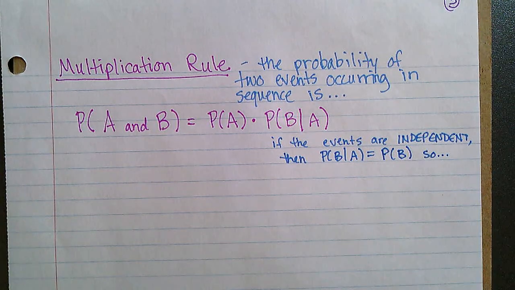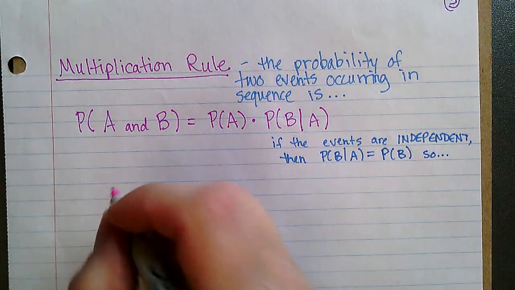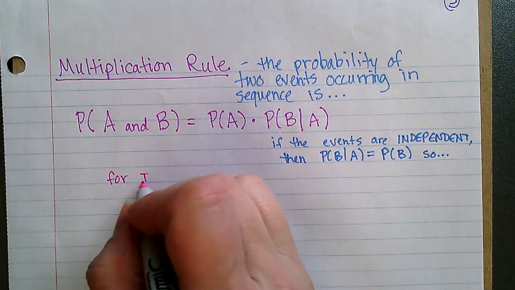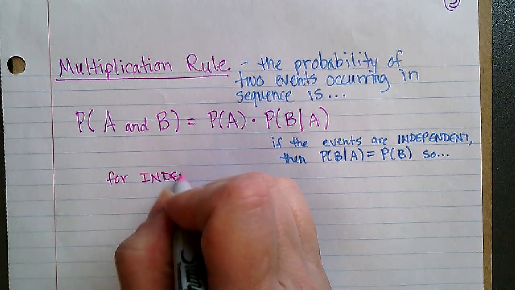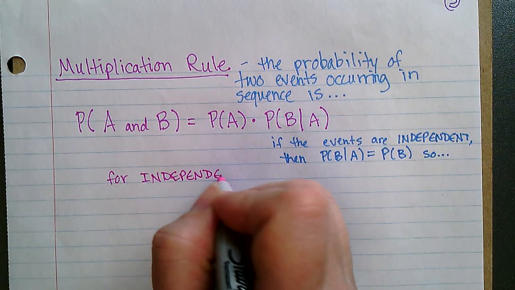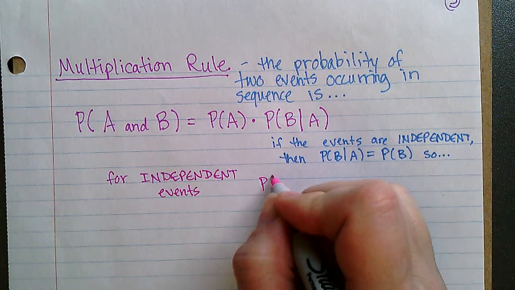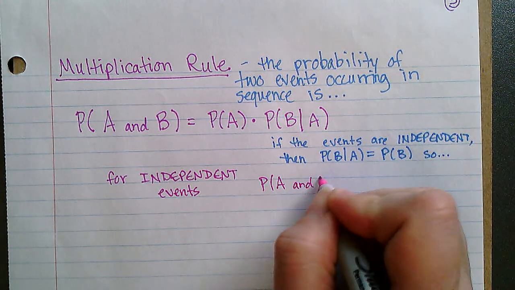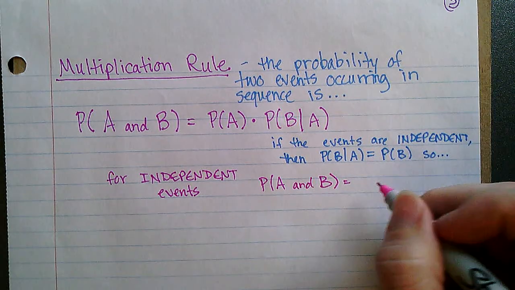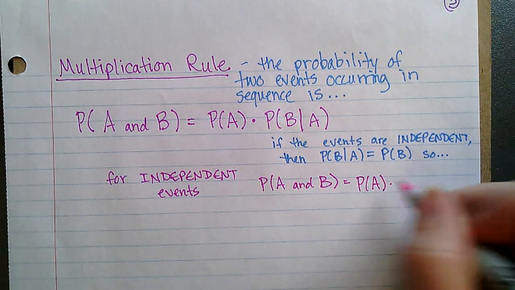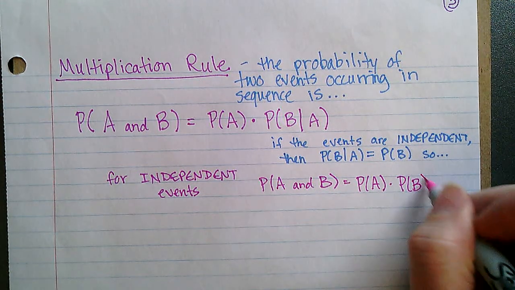So that gives us this new formula for independent events. The probability of A and B occurring would just be equal to the probability of A occurring times the probability of B occurring.